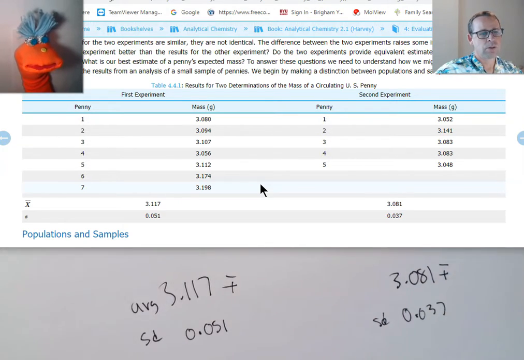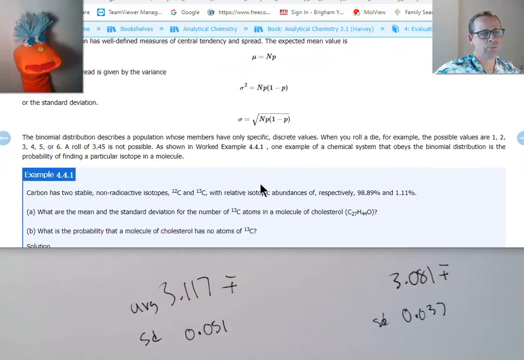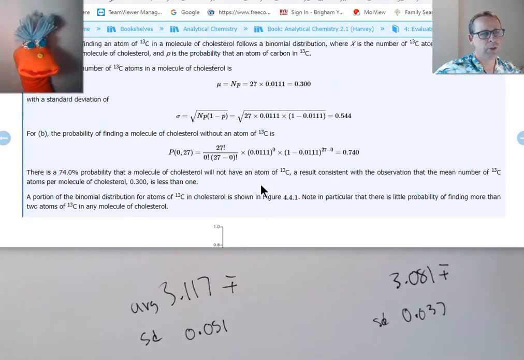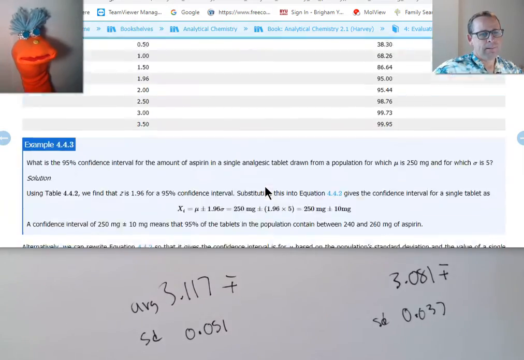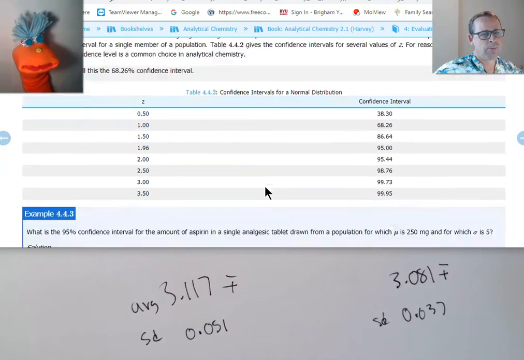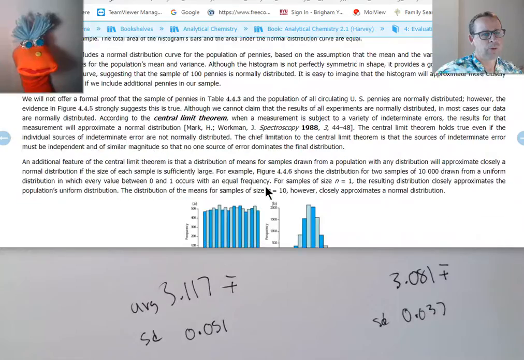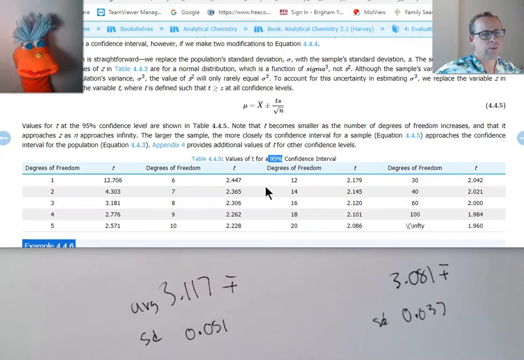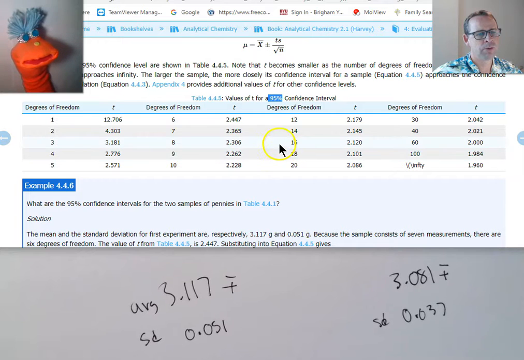All right, so what do we do now? There's our t-table. Now for the first one, 3.117, that was for 7 measurements, right?